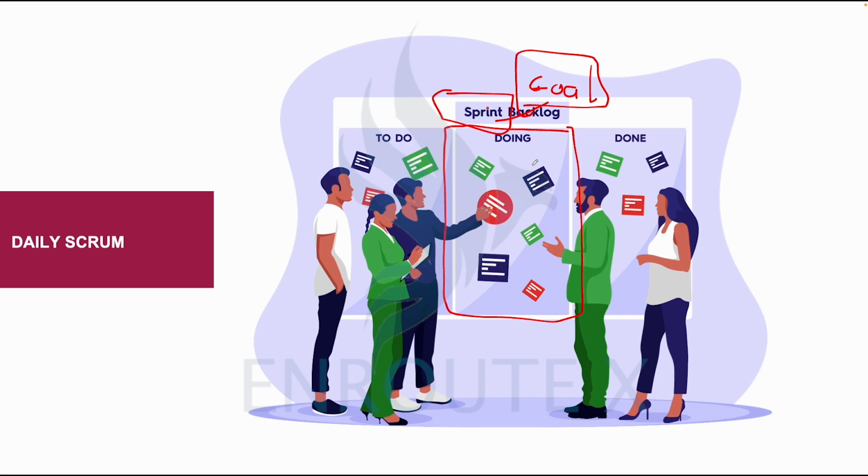What are we doing towards the sprint goal? How are we achieving the objective of the sprint goal? I made mention earlier that there are 3 narratives. The first one has to do with what was done yesterday, or what did you do yesterday.